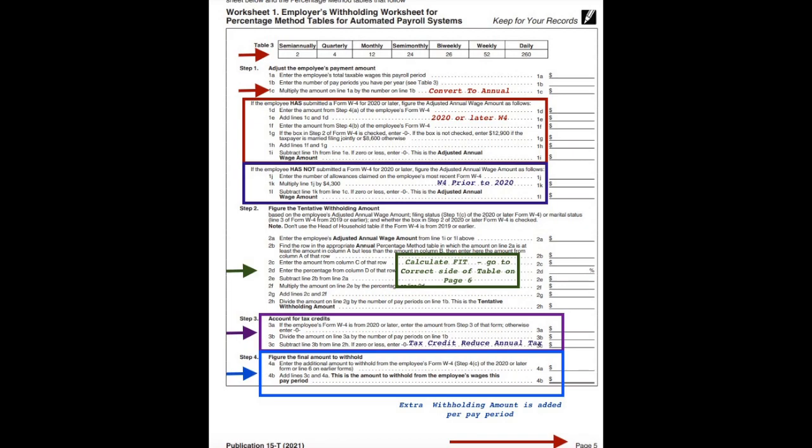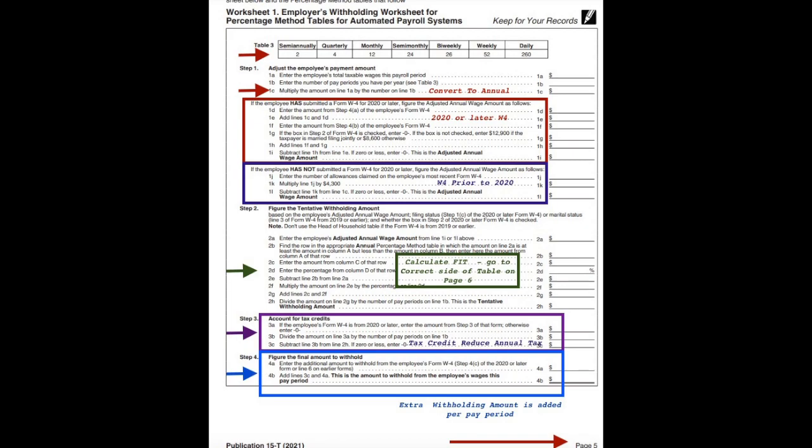Now after step 3, after calculating the federal income tax, you divide that by the number of pay periods so that you know how much will be deducted from each pay period.